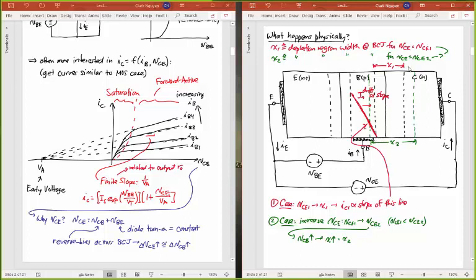So this is wider than X1. And what that does is it basically means that the slope, so I'm assuming I still get injected current up to that point, but now this minority carrier distribution goes down here. Okay, it goes down to the edge of this depletion region X2 in the base. And so what that means is that I now have a larger slope there.